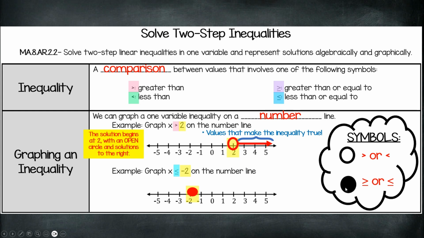Now we would have a closed circle, and because it's less than, we are going to go to the left. So that means that for this inequality, our solution begins at negative 2 with a closed circle, and the solutions are to the left because it's less than.